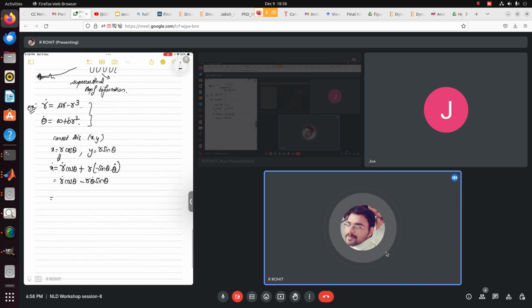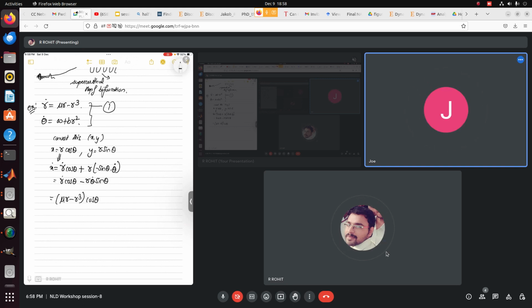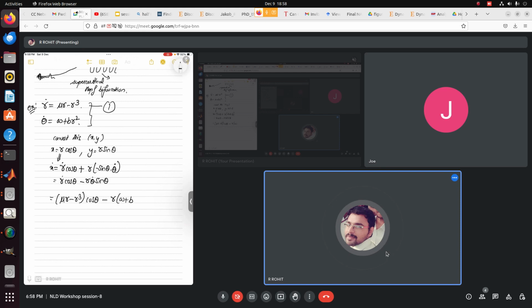Now from equation 1 we know that r dot is mu r minus r cube, so we get (mu r minus r cube) cos theta minus r (omega plus b r square) sin theta.